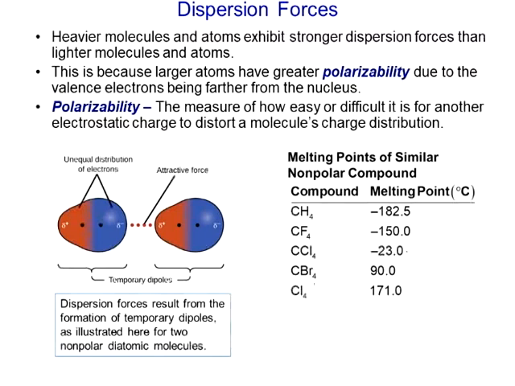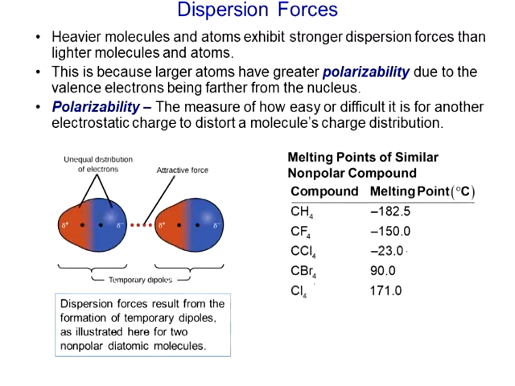Polarizability has a strong influence on the dispersion forces. That is a key principle that you will want to retain. So let me say that again. Polarizability has a strong influence on dispersion forces.